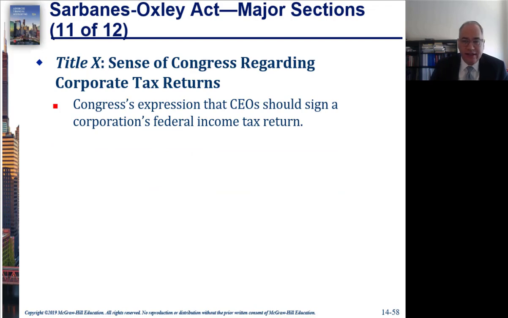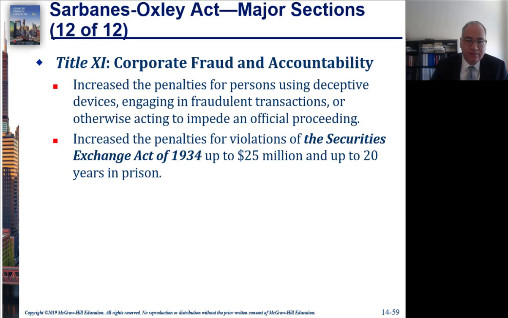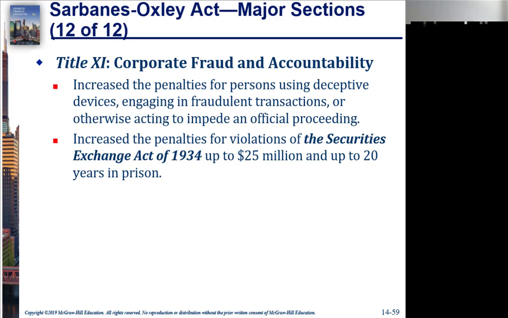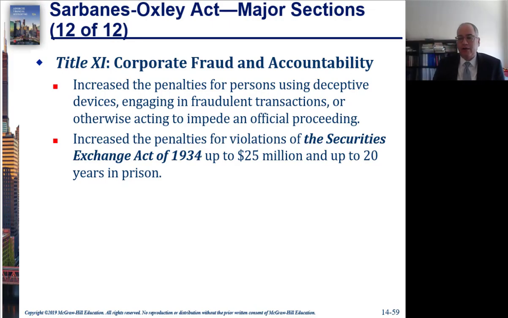Congress expressed the expectation that CEOs should sign the corporation's federal income tax return. Title 11, increase the penalties for using deceptive devices, engaging in fraudulent transactions, otherwise acting to impede an official proceeding. Up to $25 million and 20 years in prison.